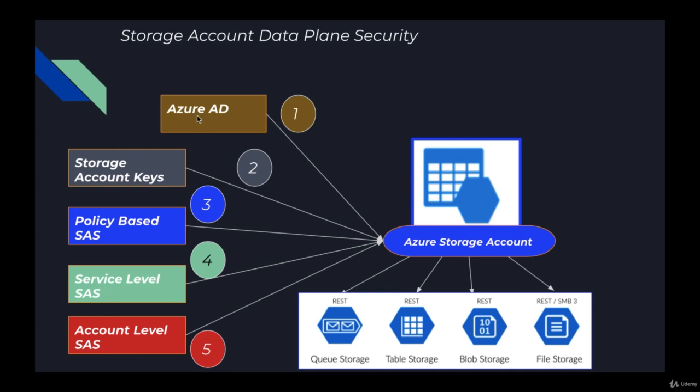The first one is Azure AD. In this case, your Azure Active Directory is used to authorize requests to your blob, table or queue storage.